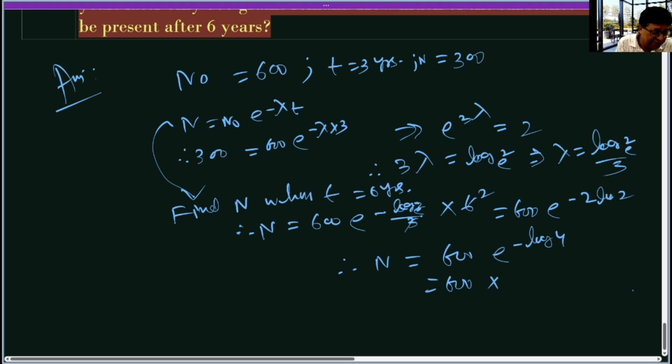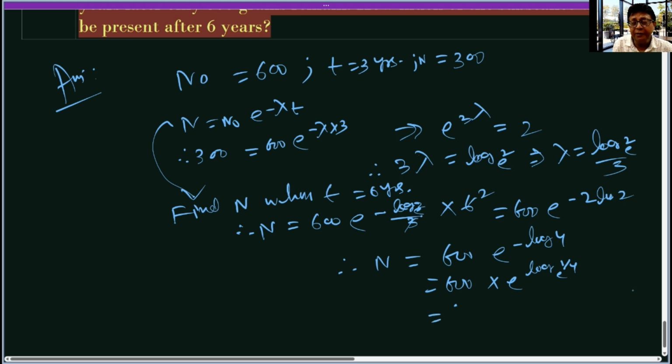This is 600 e to the power minus log 4. You write e to the power, this minus you absorb, log 1 by 4 base e.